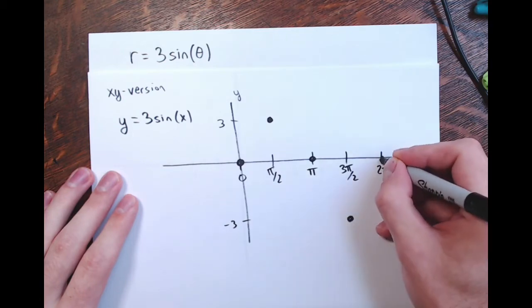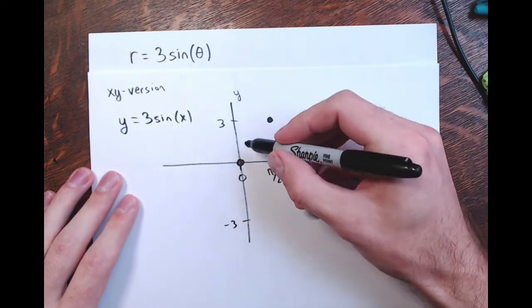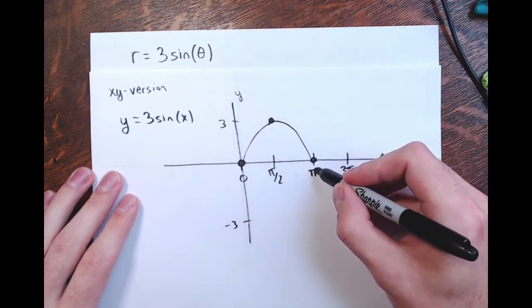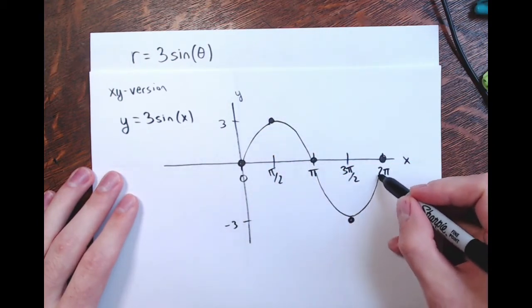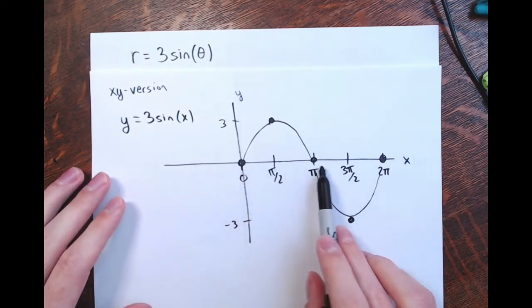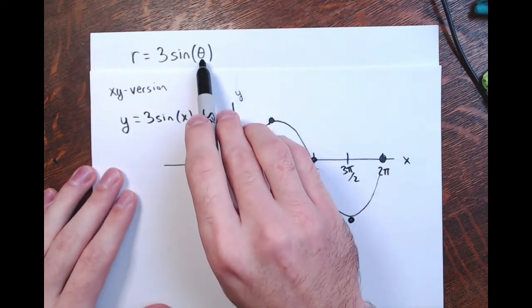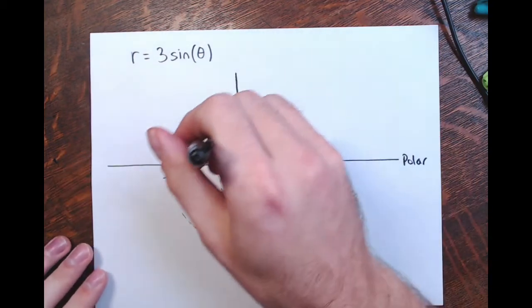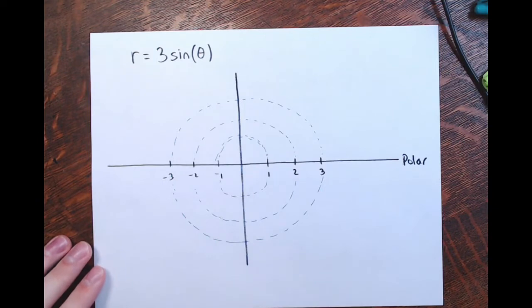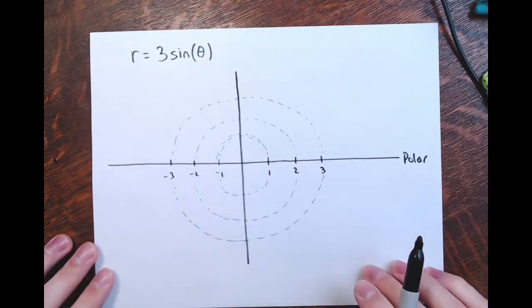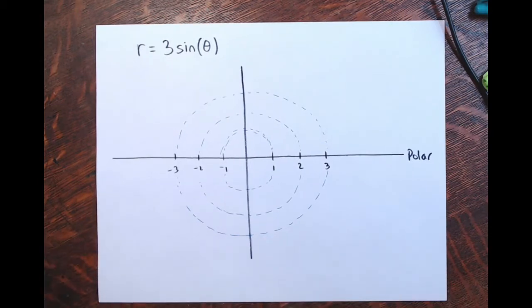I'm not going to explain how this graph was made. You should know how to graph your trigonometric functions by now, right? And you got a sine wave. There's one cycle, and remember x is representing theta here. So when I go 0 to 2 pi, that's like going once around on the polar grid. Theta equals 0 to theta equals 2 pi, and that'll give me the entire graph that I'm looking for.